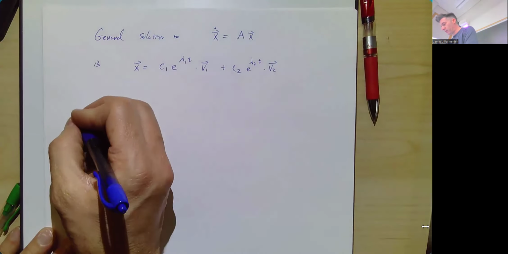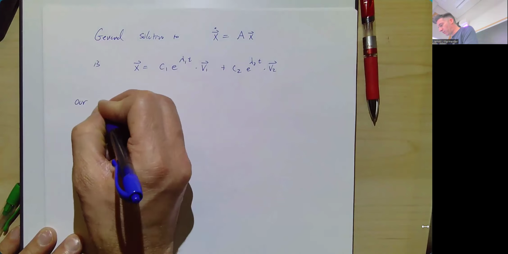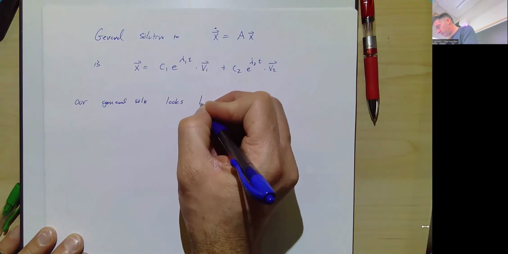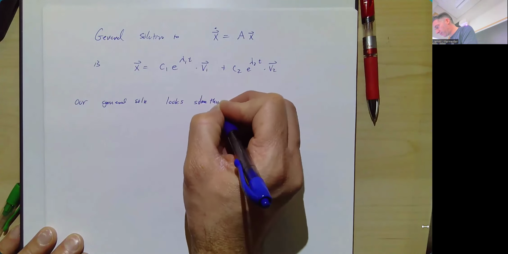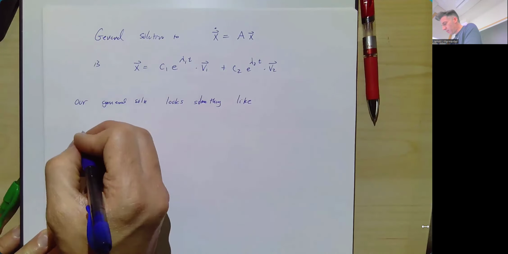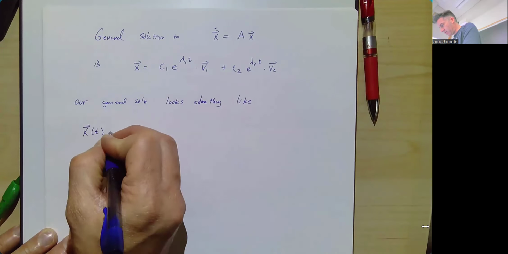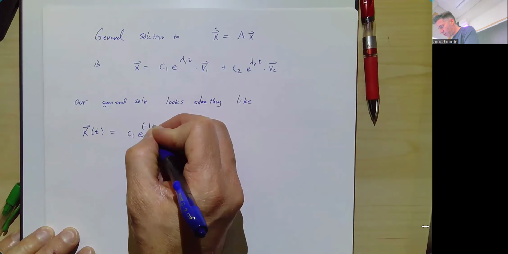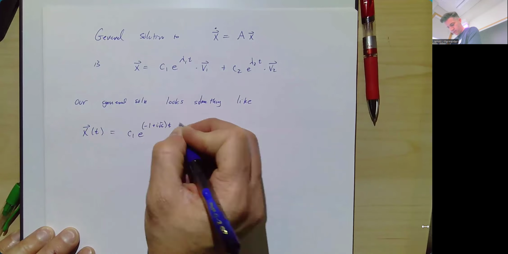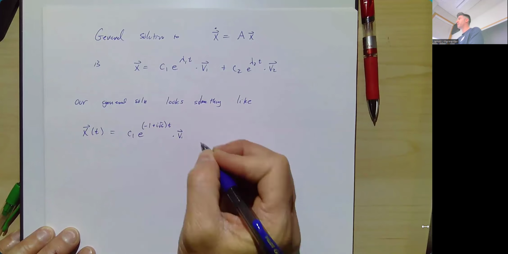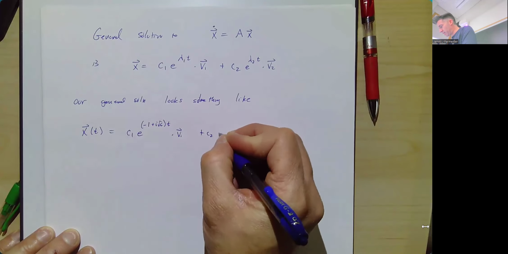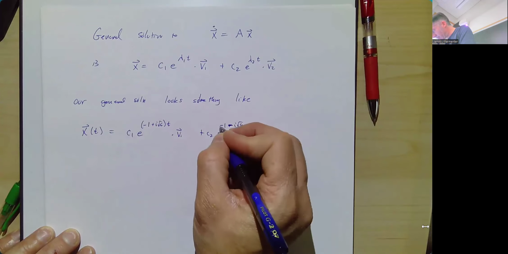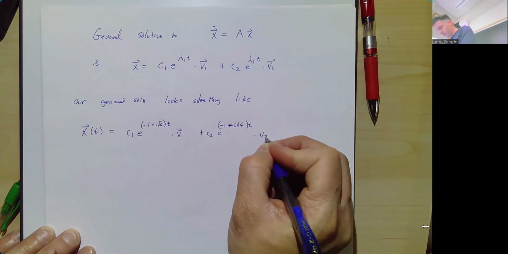But if we just think about this for a second, our general solution here looks something like: x of t is equal to c1 e to the lambda 1, which is -1 plus i root 6, times t, times whatever my first eigenvector is, plus c2 times e to the -1 minus i root 6 times t, times whatever my second eigenvector is.